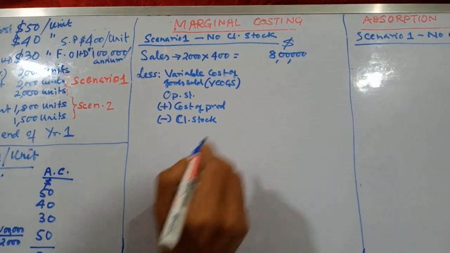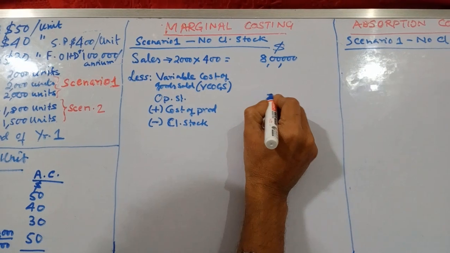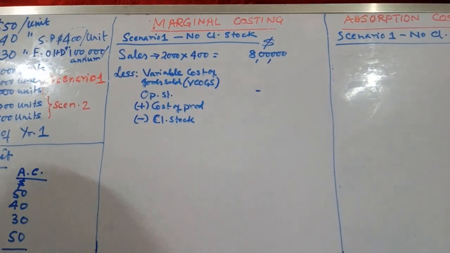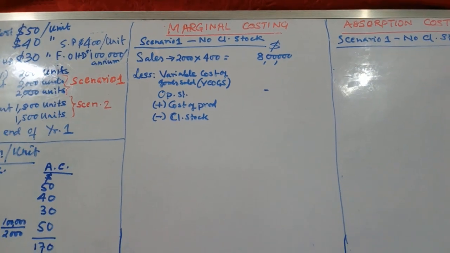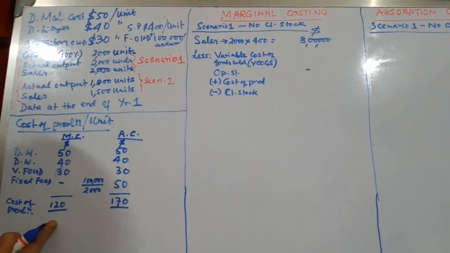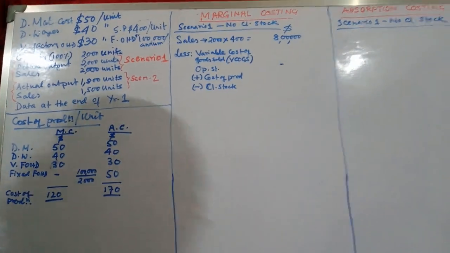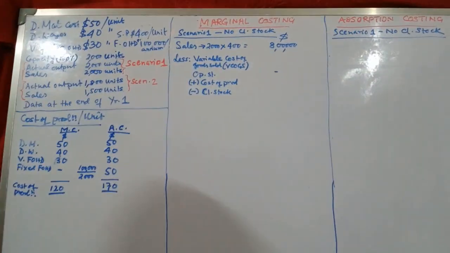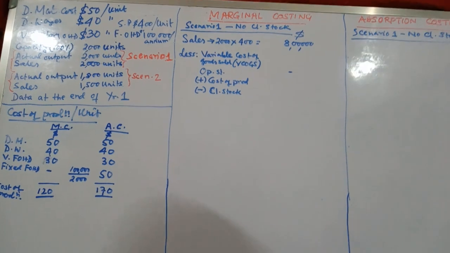So we don't have any opening stock. What is the cost of production under marginal costing? 120 into number of units produced, that is the cost of production. What is the number of units produced? 2000.